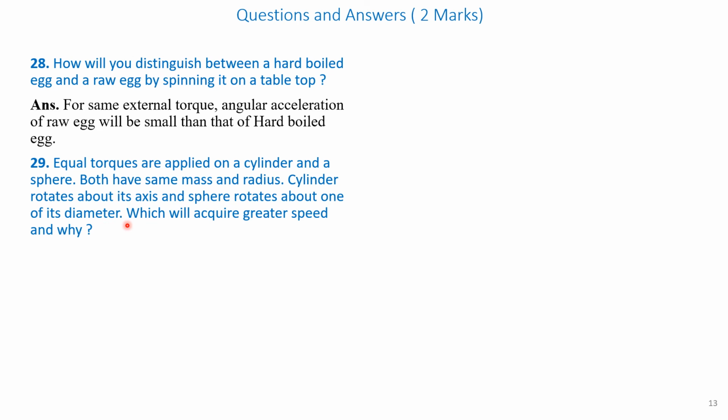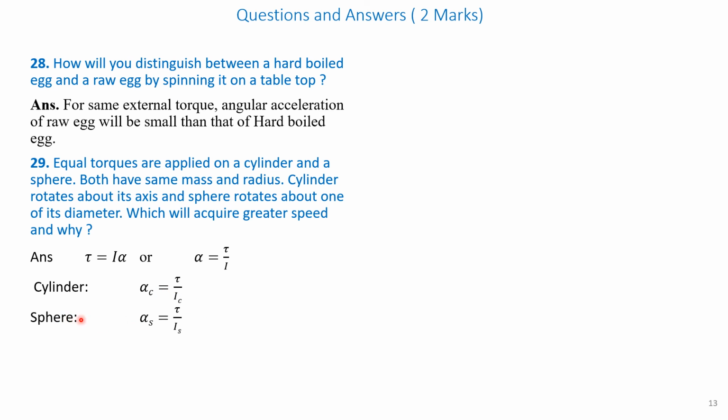Please read the question once again and try to interpret it and analyze it. Answer. We know that torque tau is equal to moment of inertia into angular acceleration, or angular acceleration alpha equals tau by I. Therefore, for the cylinder, angular acceleration alpha c is equal to tau by Ic.